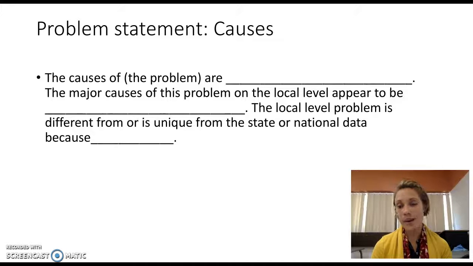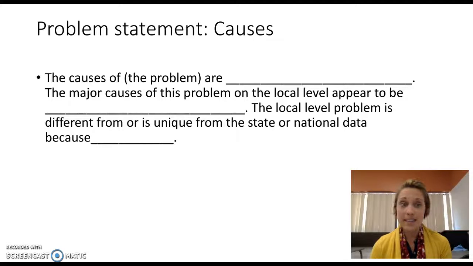So a way that you might write this is the causes of the problem are blank. The major causes of this problem on the local level appear to be blank. The local level problem is different from or is unique from the state or national data because blank. So for example, I live in Holyoke, which is a food desert, and we have a much higher rate of childhood obesity in Holyoke than in other parts of Massachusetts.